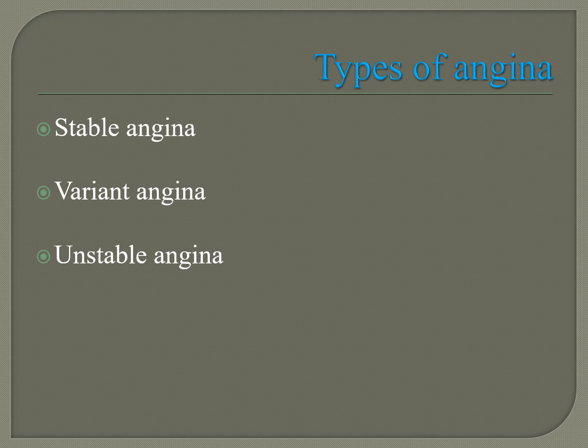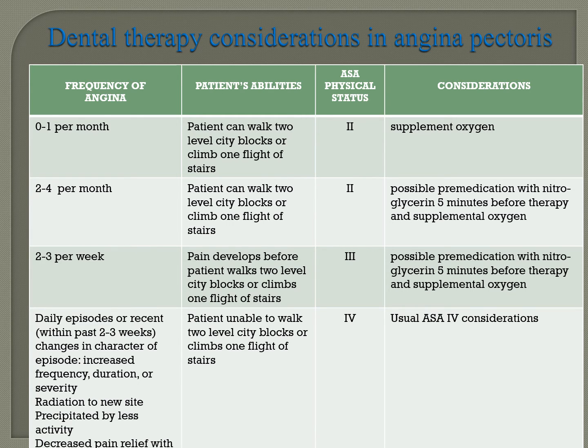So the types of angina are stable angina, variant angina, and unstable angina. These are the three types we can notice. Normally, for mild symptoms, the patient has been previously diagnosed with angina, so normally they give glyceryl trinitrate 400 micrograms.